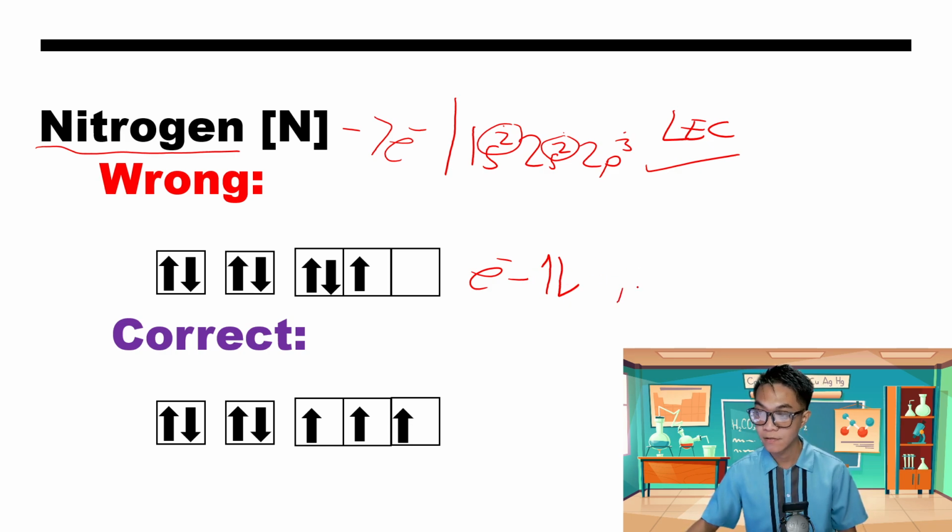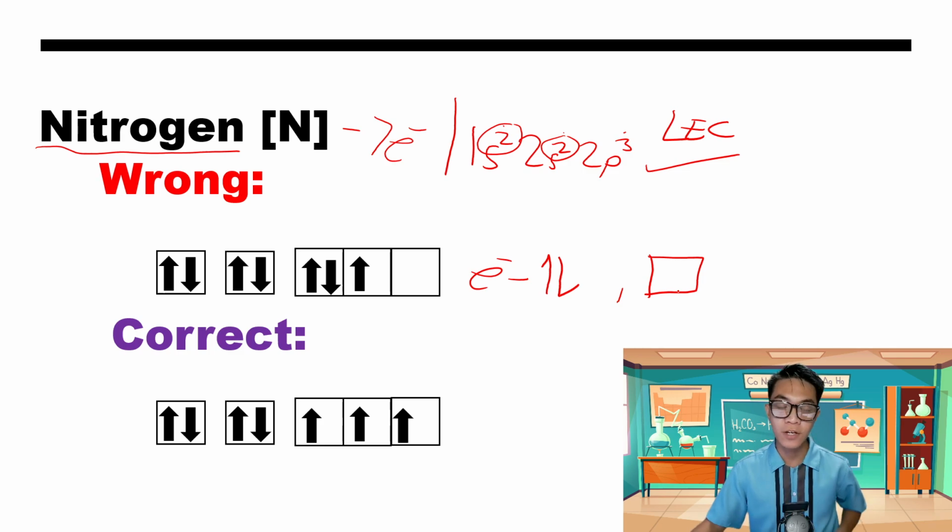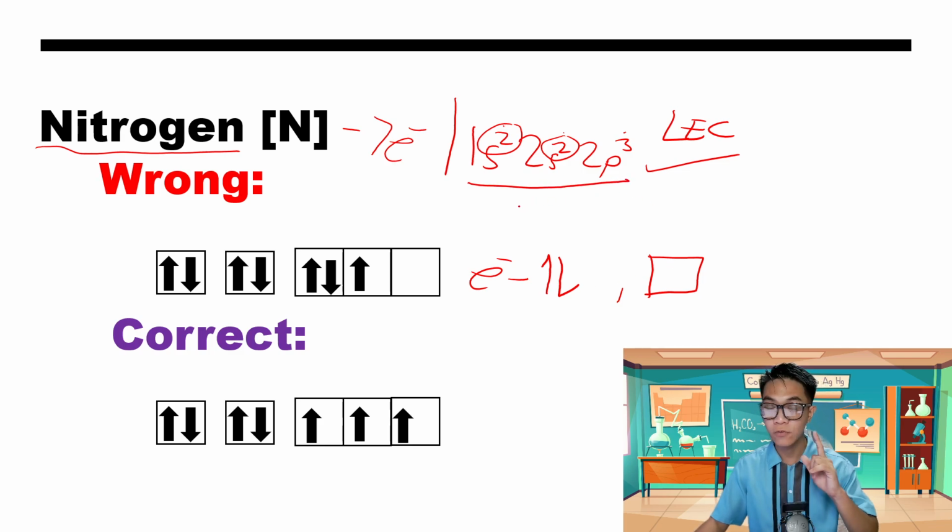And second, the orbitals are represented in individual boxes. If you can remember, the s block has 1 orbital, the p block has 3 orbitals, the d block has 5 orbitals, and the f block has 7 orbitals. Since we now have our electron configuration, we will now try to distribute the electrons in each box, which is the orbitals, to see where the specific electrons are located within the orbitals of an atom.